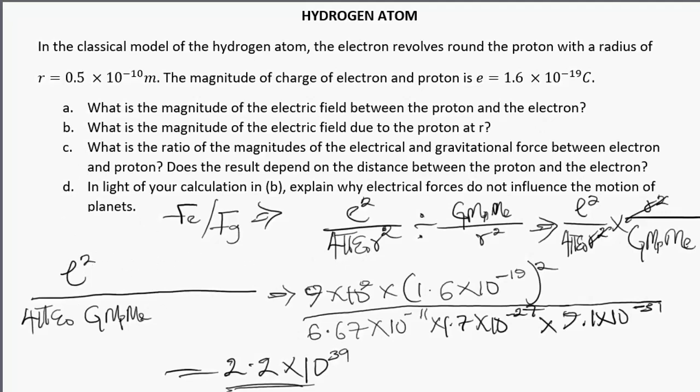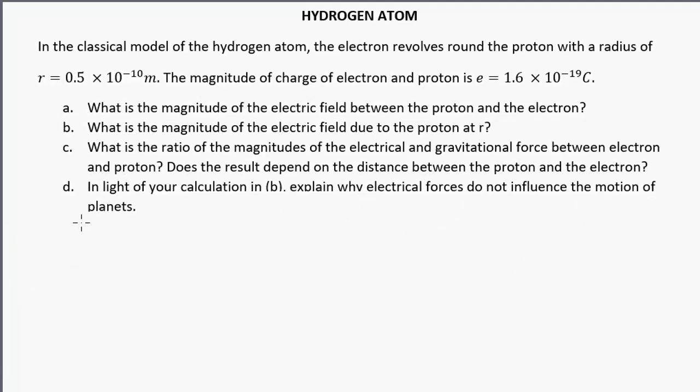Alright, so I'll go ahead and wipe this off. So the last question says, in light of the calculation in B, explain why electrical forces do not influence the motion of the planets. Alright, I'll say in my own sense that the charge of the electron and proton are equal.